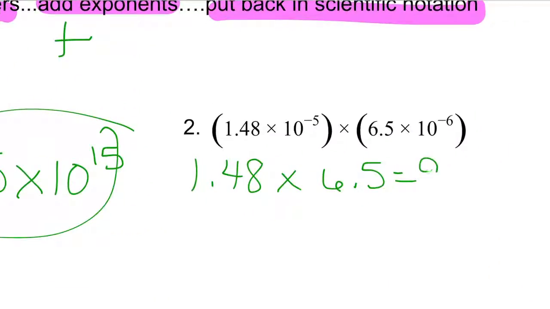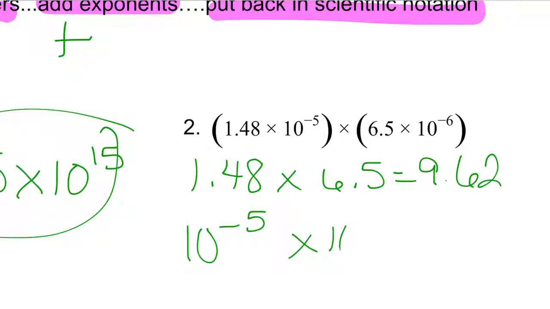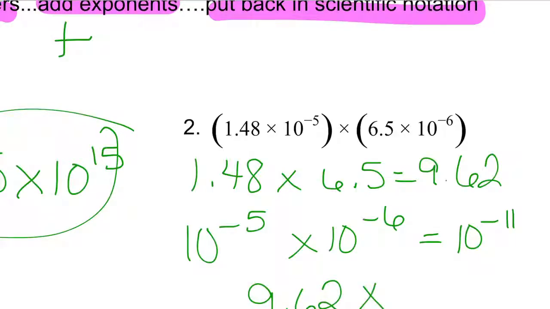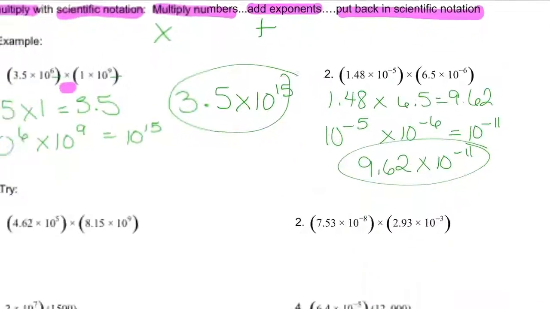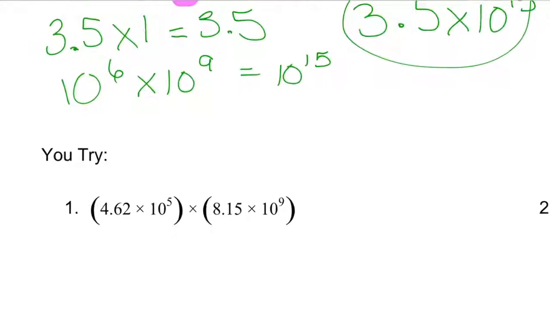So we will say 9.62, and then you have 10 to the negative 5 times 10 to the negative 6. So we add negative 5 and negative 6 equals 10 to the negative 11. So our final answer is 9.62 times 10 to the negative 11. That's your final answer.